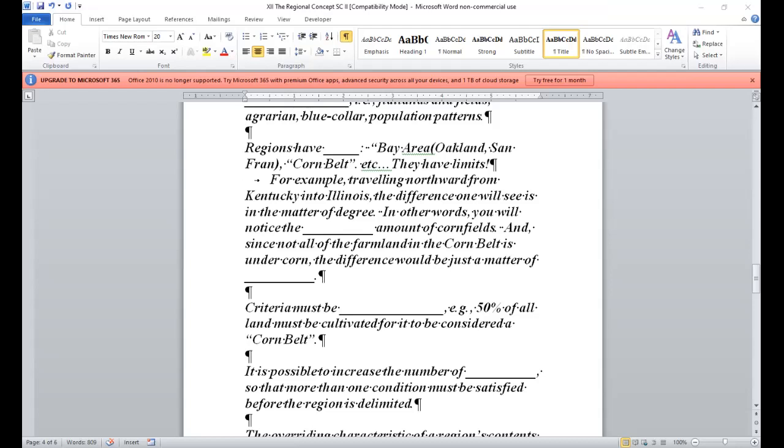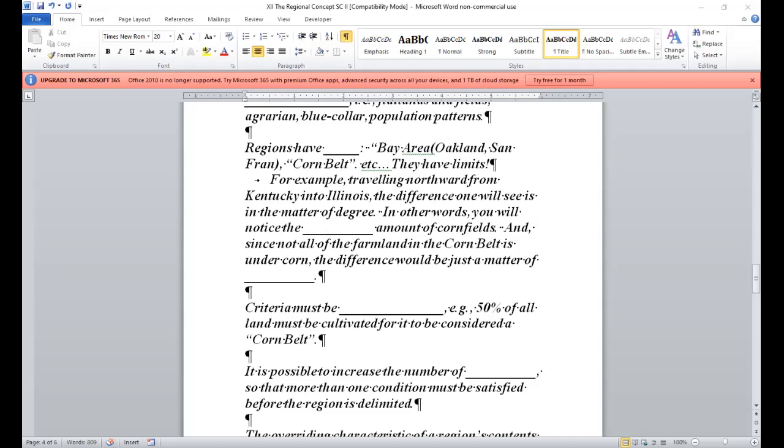In establishing the criteria, the criteria must be established. For example, 50% of all land must be cultivated for corn in order for it to be considered a corn belt.